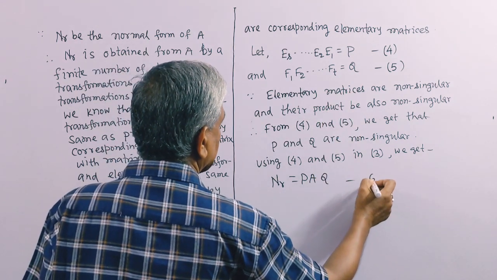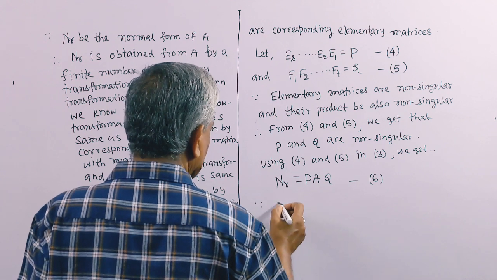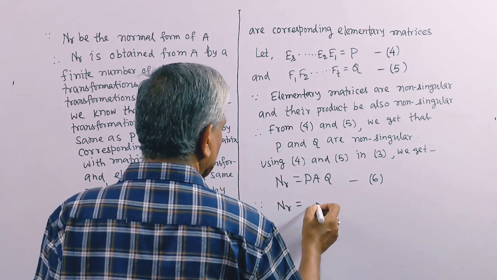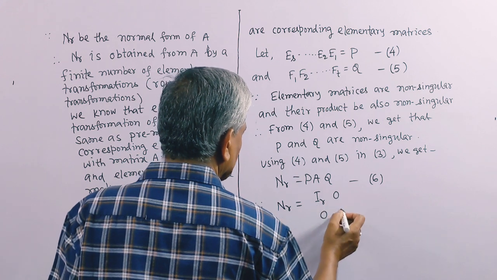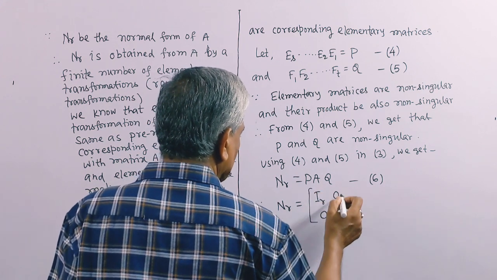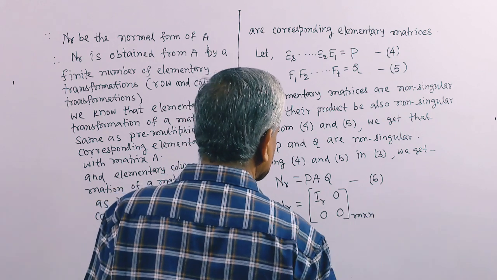This is number 6. Since Nr equals [IR 0; 0 0], this is an m by n size matrix.